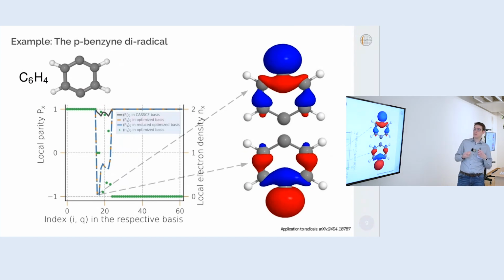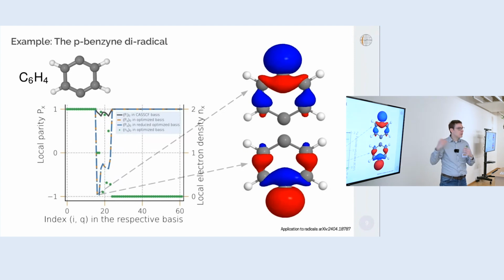And if we look at the local parities as they come out of a CASSCF calculation directly, they're represented by this black line, which is basically everything up here. So this is the passive space, so we would expect that they're either fully occupied or empty. But even in the active space, we have massive mixtures of empty, singly occupied, and doubly occupied.